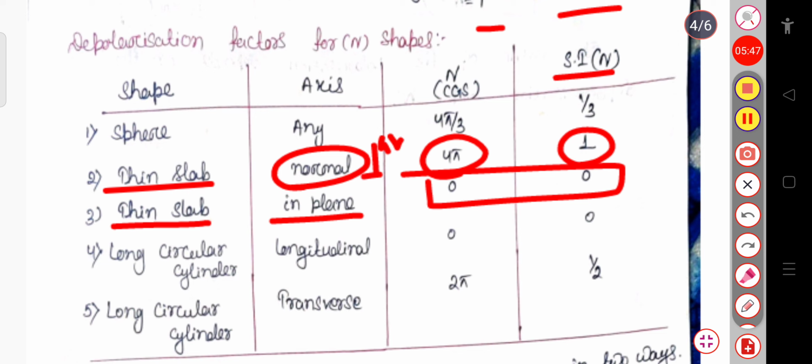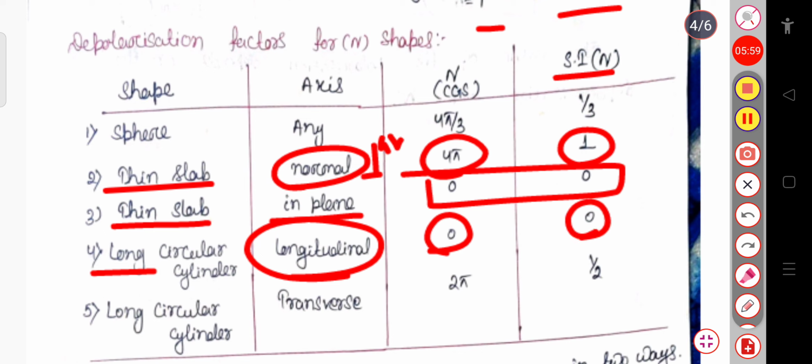And similarly for the long circular cylinder, if you consider the longitudinal axis, then the n factor in CGS system is equal to 0, and in SI system also the n factor is equal to 0.